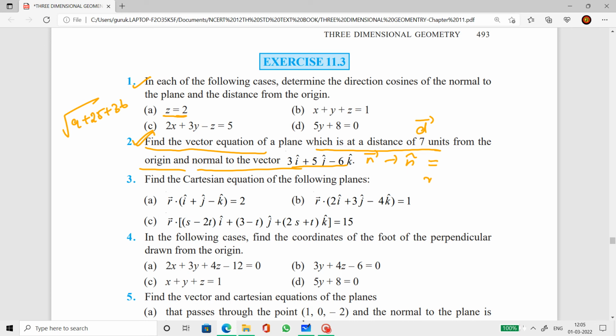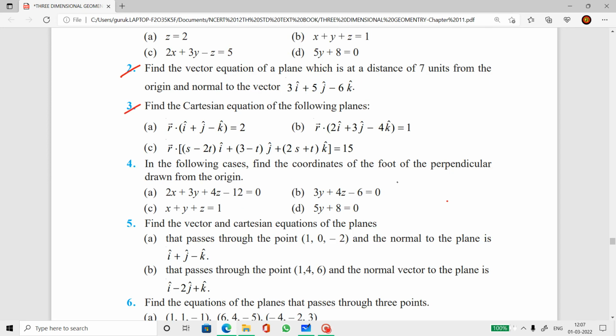So n cap is the vector divided by its magnitude. 25 plus 36 is 61, and then plus 9 is 70, right? So 3i plus 5j minus 6k divided by root 70 is your n cap. So r vector dot (3i plus 5j minus 6k) divided by root 70 equals 7.